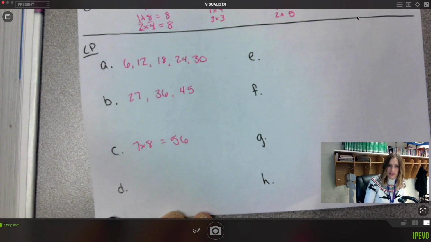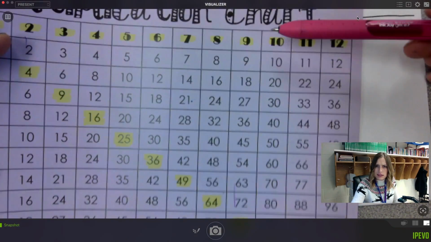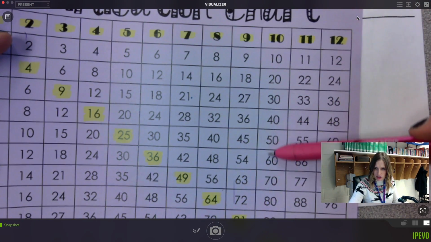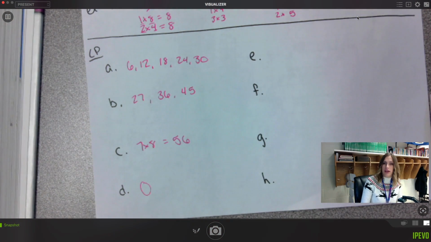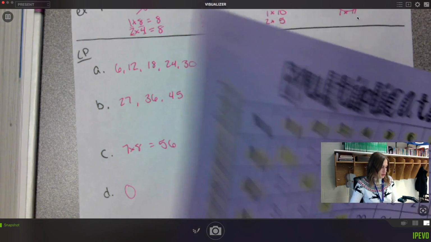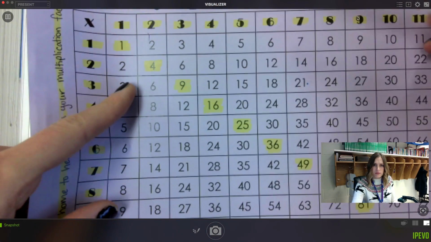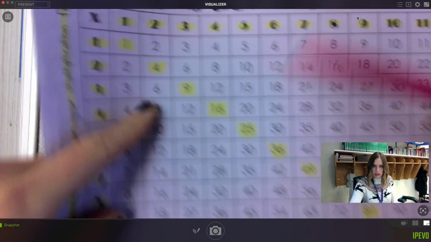What is the last digit of any multiple of 10? 10 column multiples. What's the last digit? 0. Anytime you multiply by 10, you're going to get a number that ends in 0. E, what 2 digits appear as the last digit of the multiples of 5? 5, 0, 5, 0, 5, 0, 5, 0.